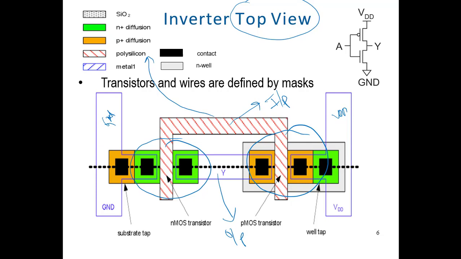Okay, so this is the same, but we are looking from the top. So the same color code is used for showing the different regions. But one thing that is new is, for example, this is our N well. Okay, and these blacks are basically contacts. So it shows where two things cross.